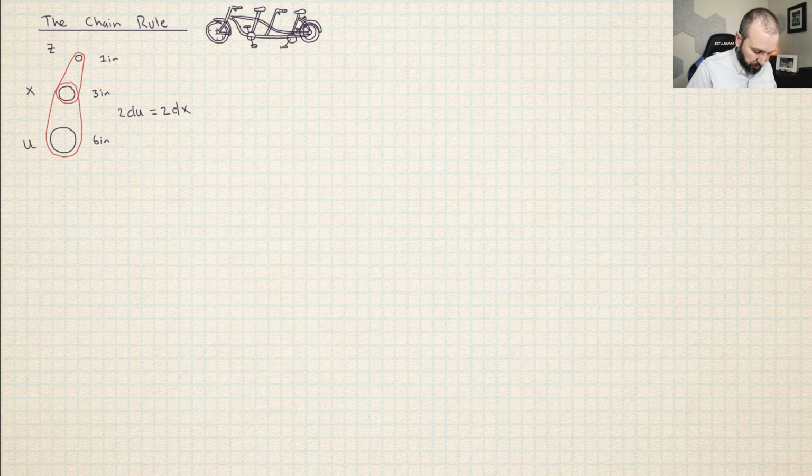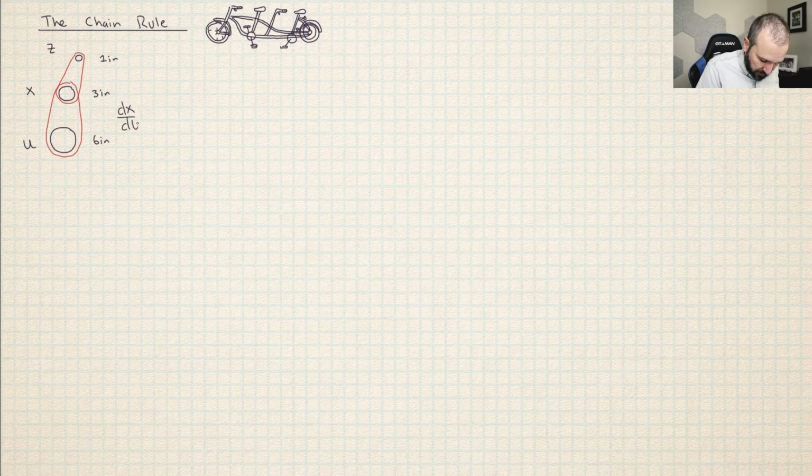If I divide both sides by du, I get dx du equals 2. So I'll write that down.